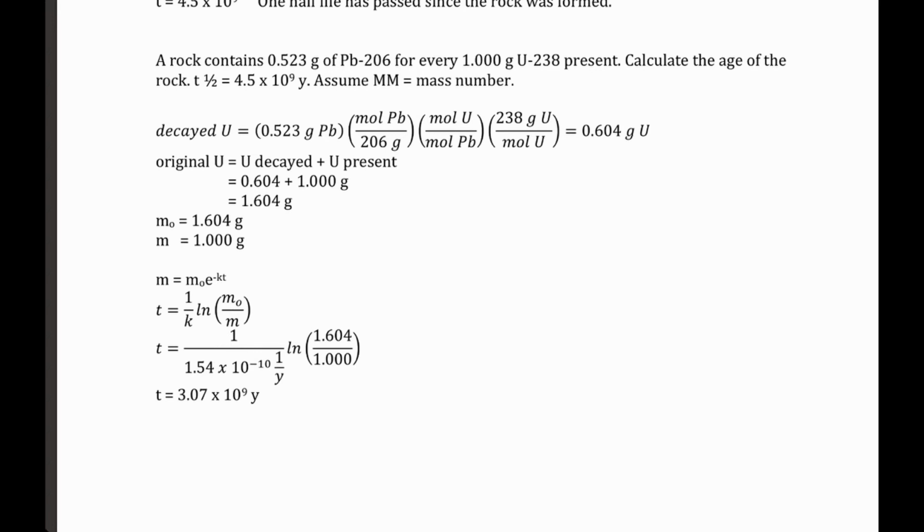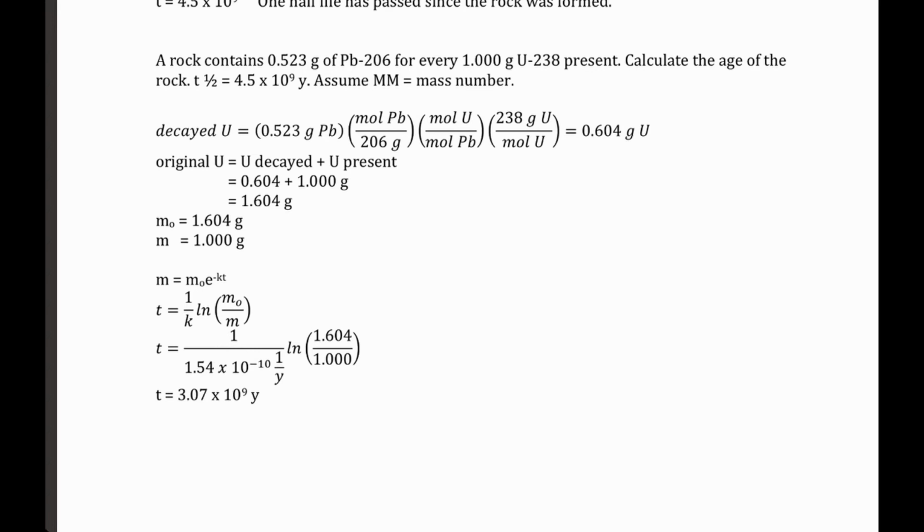So the amount of uranium that decayed to produce the 0.523 grams of lead is given by 0.523 grams of lead times the ratio 1 mole of lead equals 206 grams.